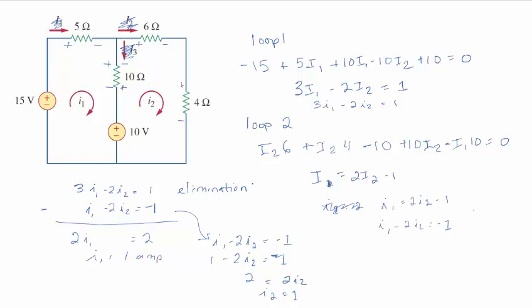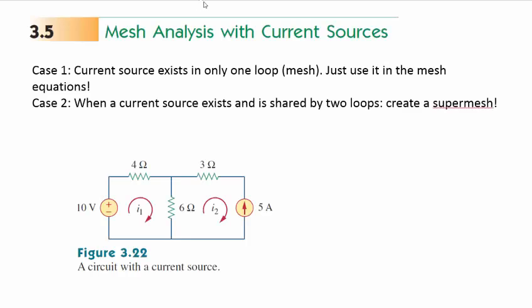You could also use Cramer's rule on that. So if I were going to use Cramer's rule, I would take these two equations right here and write them in matrix form, which would be 3, minus 2, minus 1, 2.